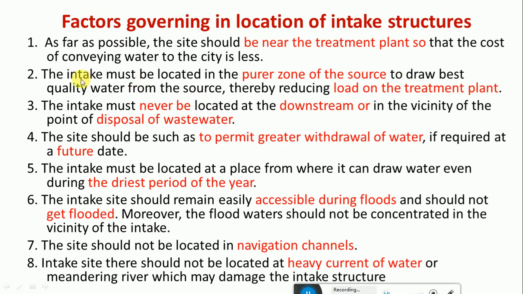So we should see that, as far as possible, it is nearer to the treatment plant. Also, the intake must be located in the purer zone of water to draw the best quality of water from the source, thereby reducing the load on the treatment plant. In a flowing river or in a reservoir, the intake should be located in a pure water zone, because if you draw polluted or contaminated water, it increases the load on the treatment plant.